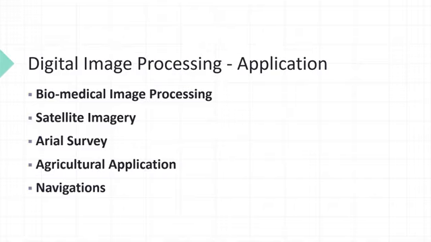Next application is navigation, meaning geographical navigation. Nowadays geo-tagged photos are widely used in the world to avoid confusion about where a particular image is. They take geo tags for the images.